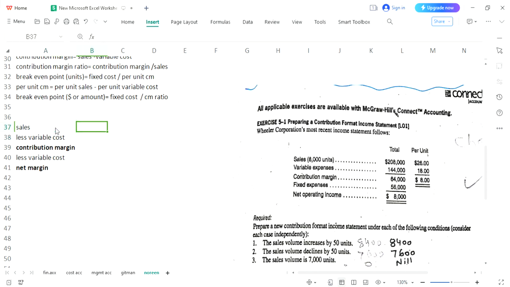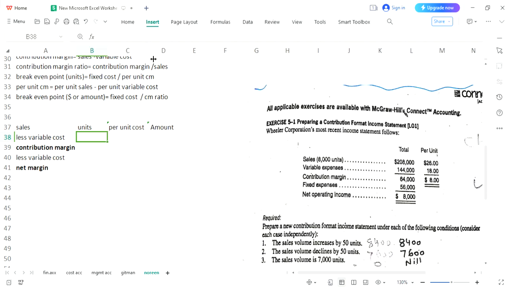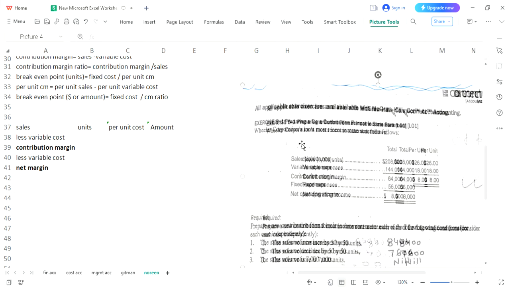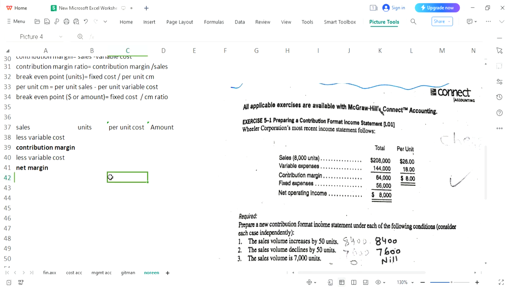For this, you will choose a few columns. First column would be for units, then you will choose per unit cost, and finally you will have your amount or rupees. This way you can calculate any question if you keep the procedure or the statement in mind.